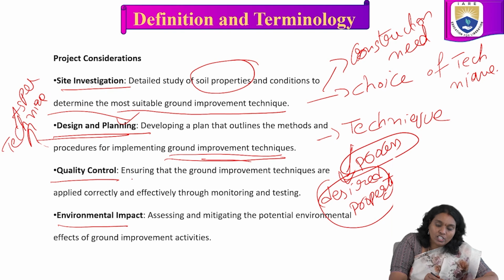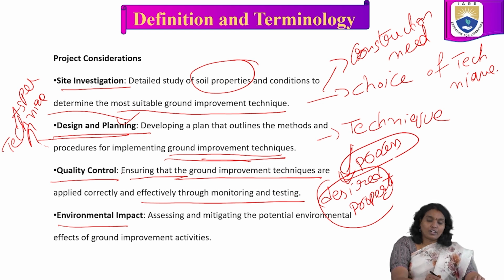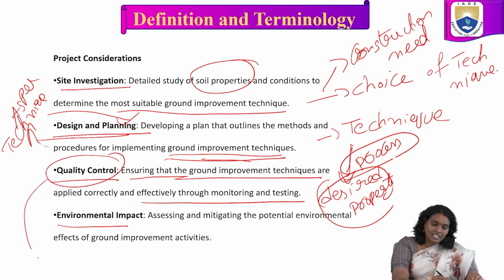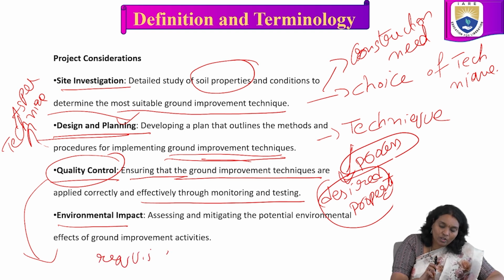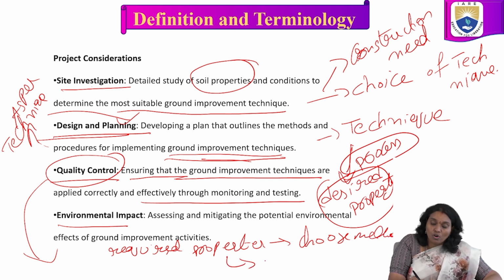Quality control means assuring that the ground improvement techniques are applied correctly and effectively through monitoring and testing. To understand the required properties, based on those required properties we choose the method. After completion, we monitor.